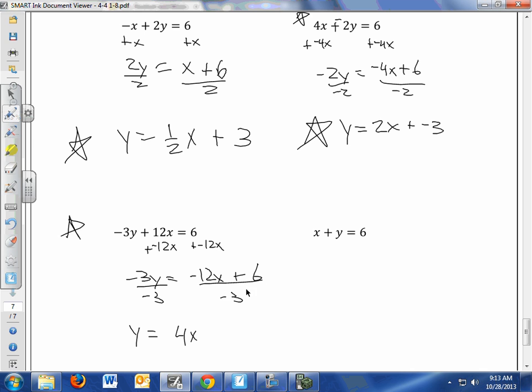Good. Divide the pieces by the negative 3. Okay. Notice how we're taking care of positives and negatives. We're not screwing things up. Okay. Last one's easy. What do you have to do, Mr. Smith? Not just x. Negative x. It would be negative x plus 6. Okay?